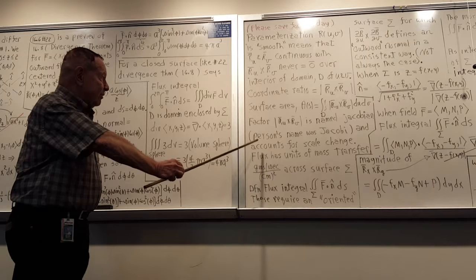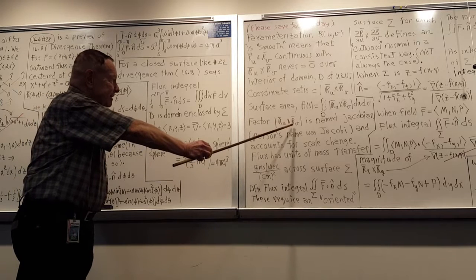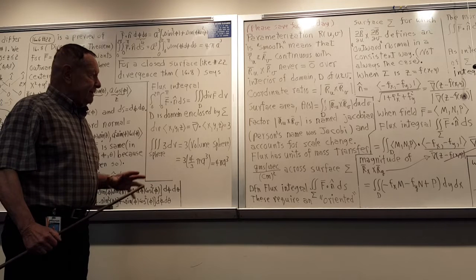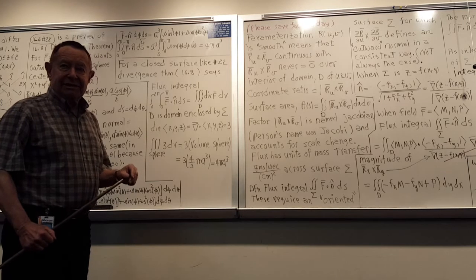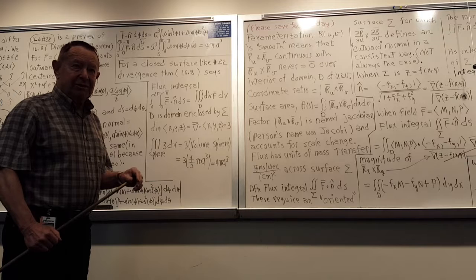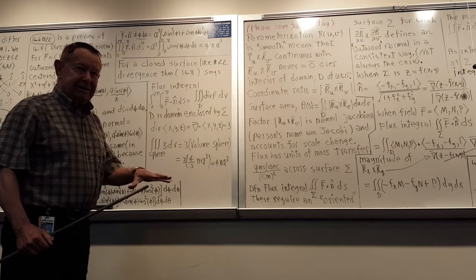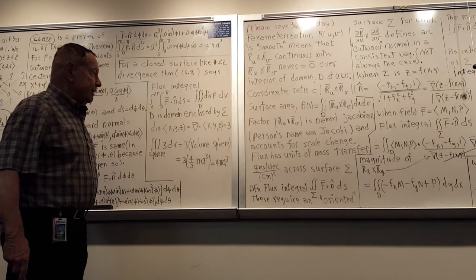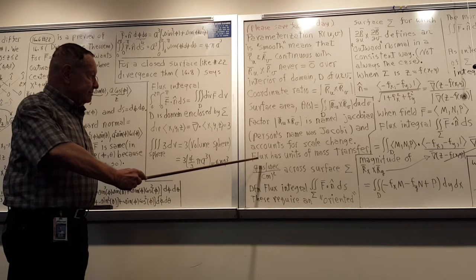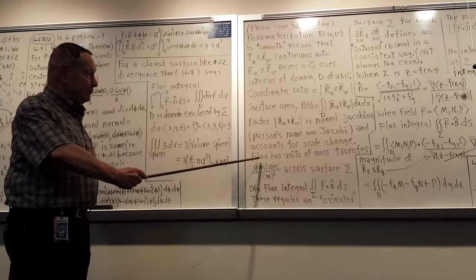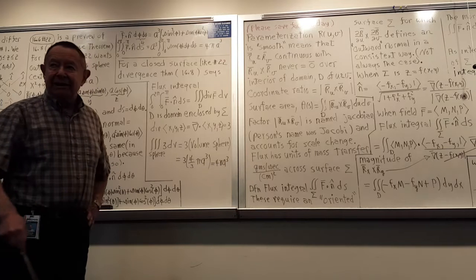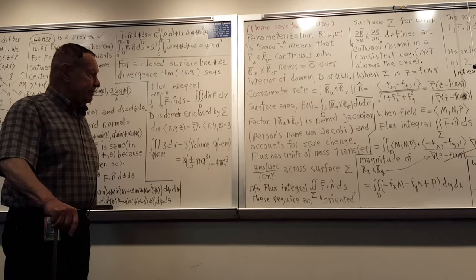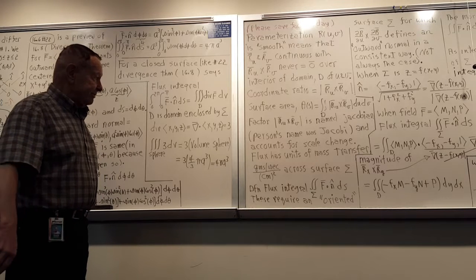Anyway, what this Jacobian amounts to is it accounts for the change in scale when you go from one set of coordinates to another. Remember our definition of flux. The reason I'm reminding you about it is that what we're going to be working with are things we call flux integrals.